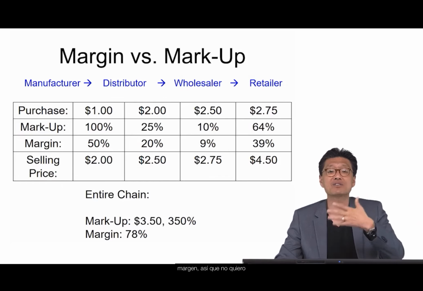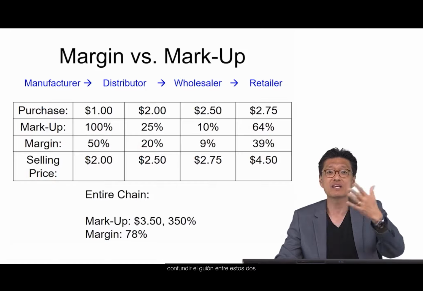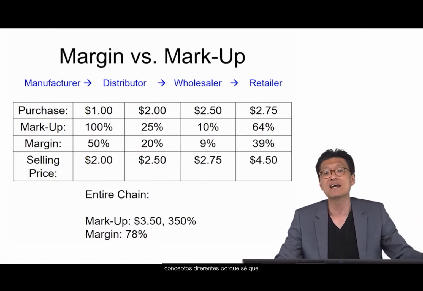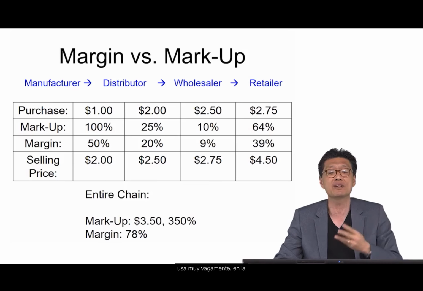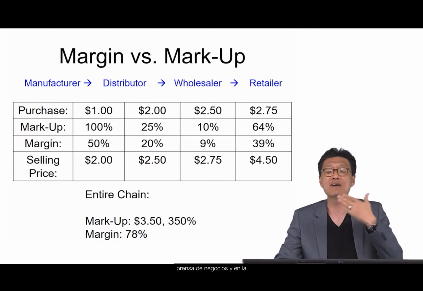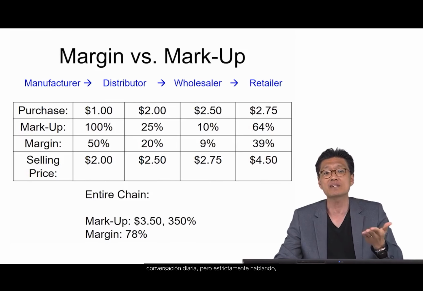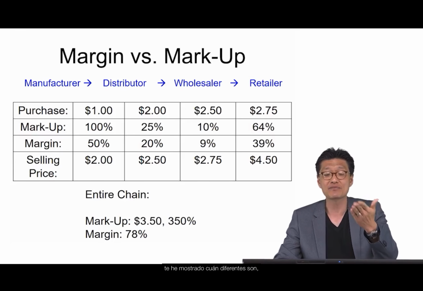So I don't want students to get confused between these two different concepts, because I know that these two are used interchangeably and very loosely in the business press and in everyday conversation. But strictly speaking, technically speaking, these two are completely different concepts. And I've shown you how significantly different they are using some numbers, right?